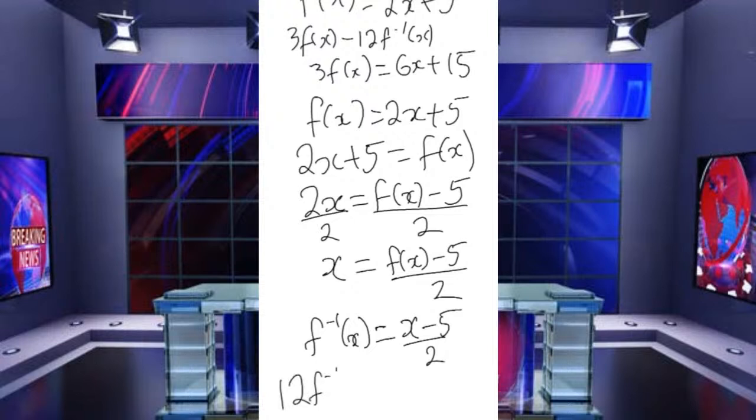That means we are going to be multiplying this also by 12. And this should give us 6 into brackets x minus 5. We got 6 because we can divide 12 by 2. So that's going to give us 6 into brackets x minus 5.